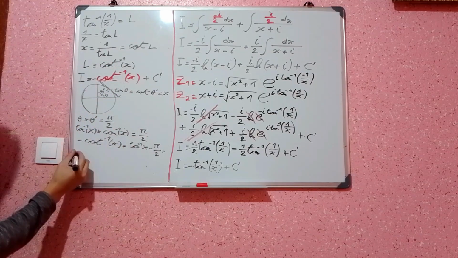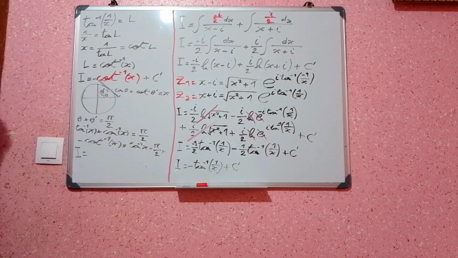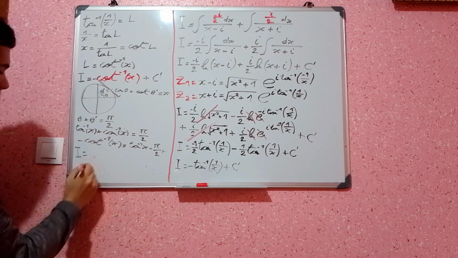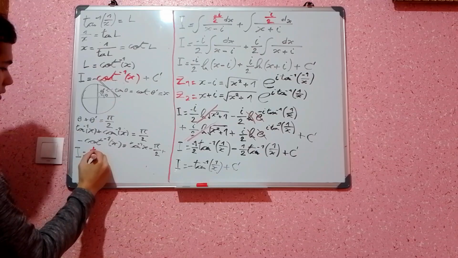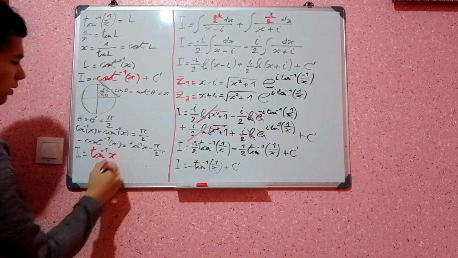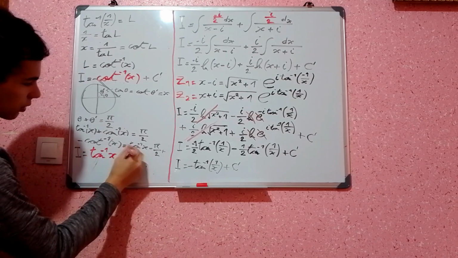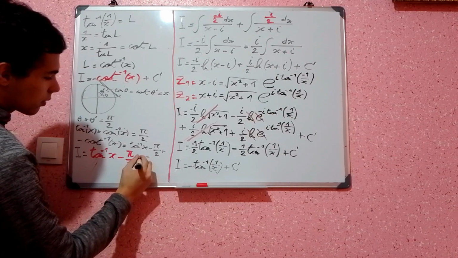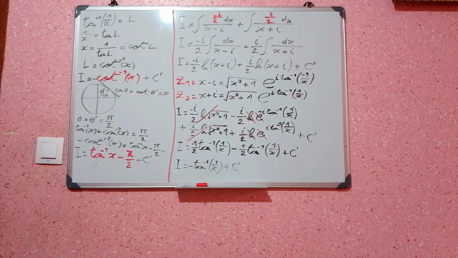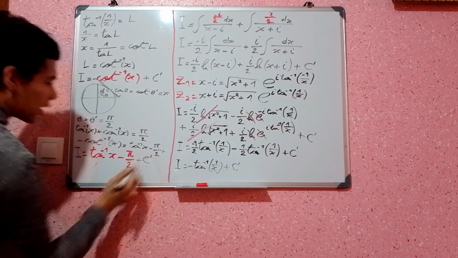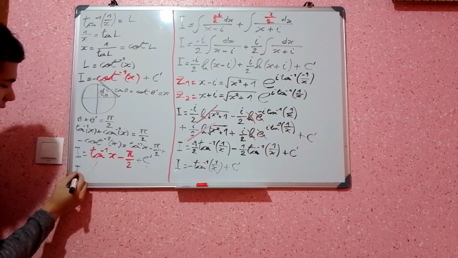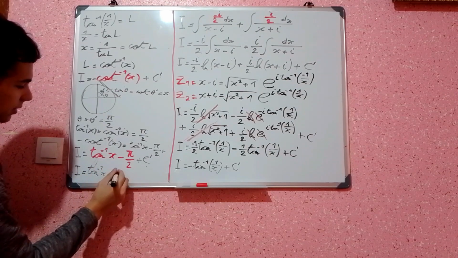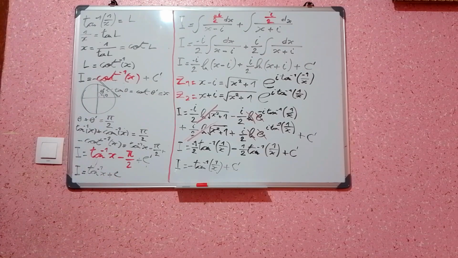Put this here, so you get I equals inverse tangent of x minus pi over 2 plus c prime. You know, this part is just a constant. We can replace it with another constant c. Okay, so we get I equals inverse tangent of x plus c. That's the answer.